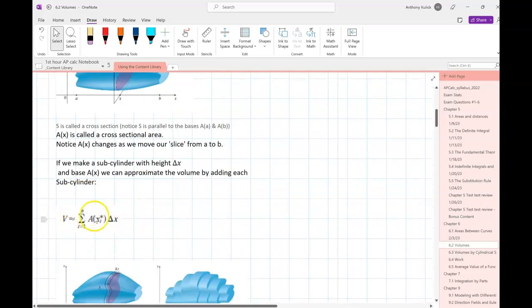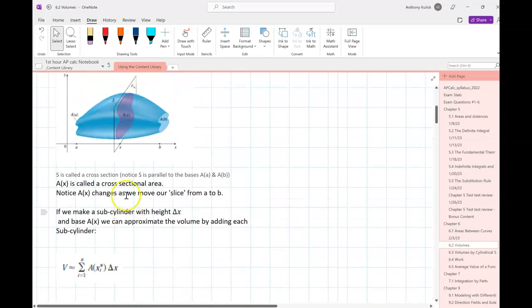So here's what we did. We did the sum from 1 to n of A(x_i) delta x. The delta x is the infinitely small width of our cylinder, and A of x is the cross-sectional area for that slice.